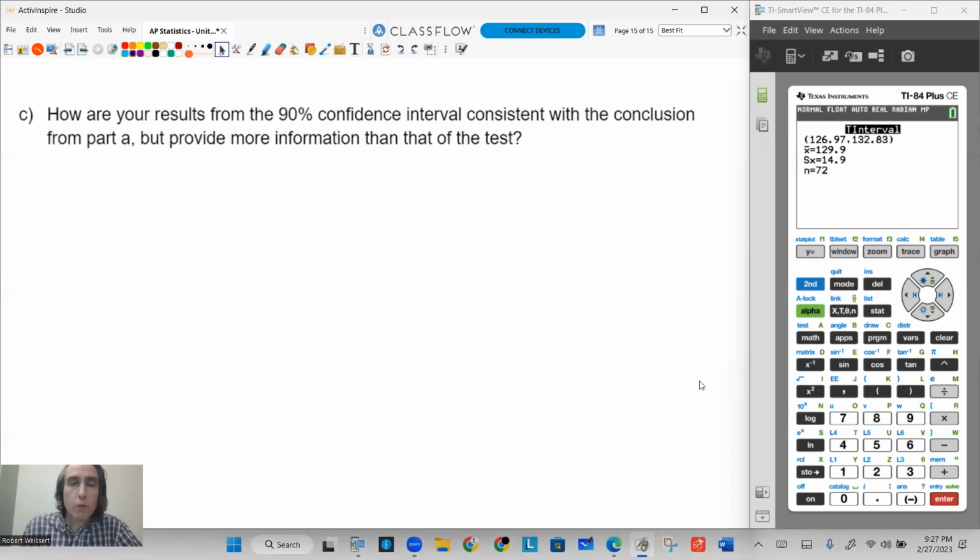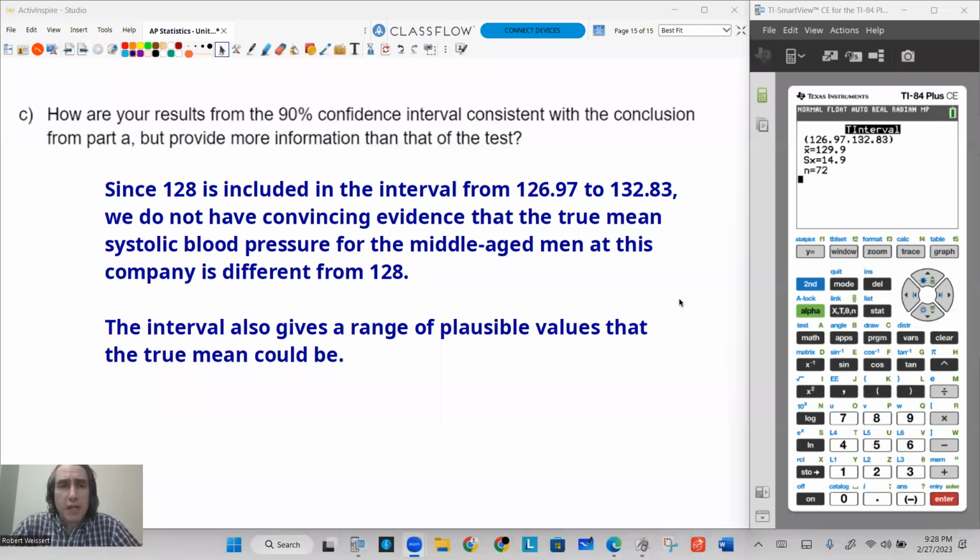The way it's consistent is, of course, your 128 is in the interval. So we just want to state that, since 128 is included in the interval from 126.97 to 132.83, we do not have convincing evidence that the true mean systolic blood pressure for these middle-aged men at this company is different from 128. That interval also gives a range of plausible values that the true mean could be. The interval is always going to give you more information than what the test is going to give you.